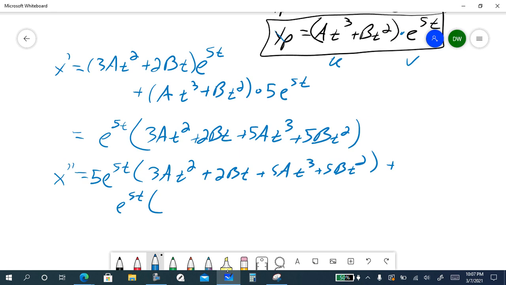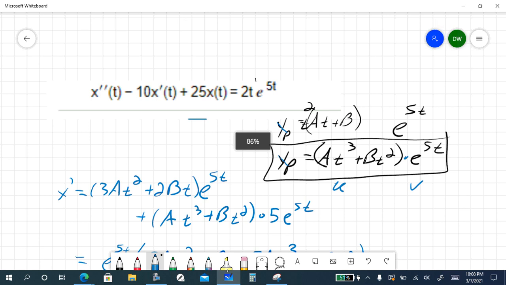So v prime would be 6a t to the 1 less power, 2b, the derivative of t is 1, 15a t to the 1 less power, plus 10b t to the 1 less power. So that's our second derivative.